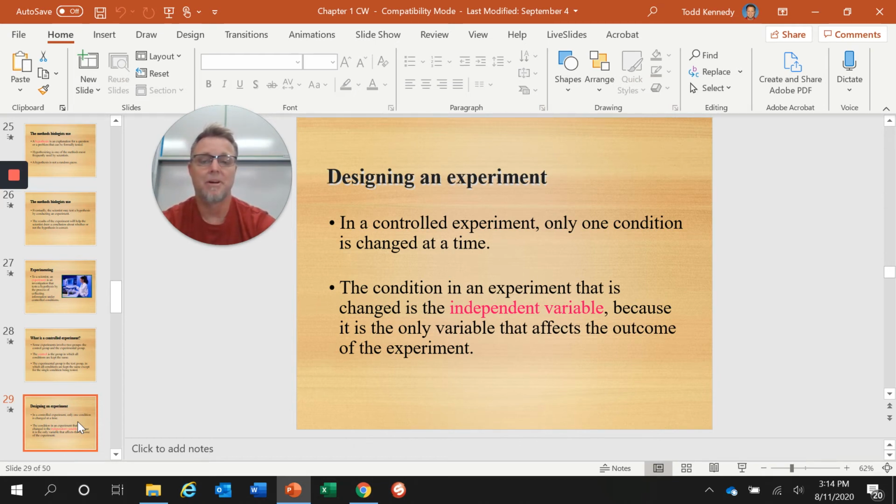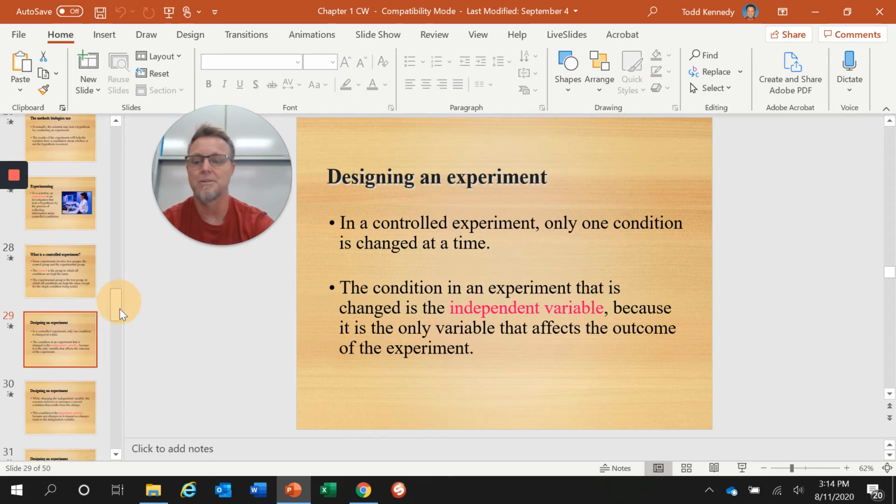The independent variable is the only variable that actually affects the outcome of the experiment. And the way I like to describe it is it's the one that I'm in control of as the researcher. So in my example that I gave you, the alcohol that was being given to the rats is the independent variable. That's the one that I am giving and I am in control of as the researcher.